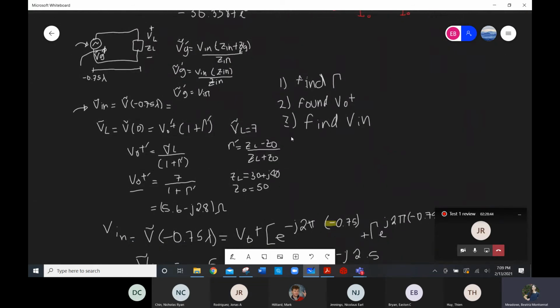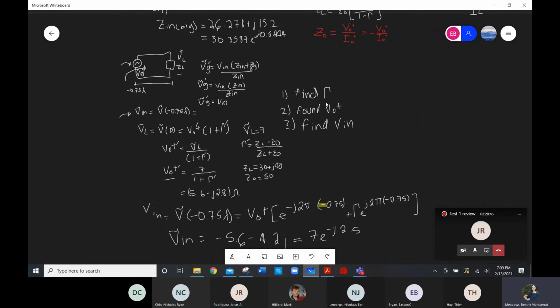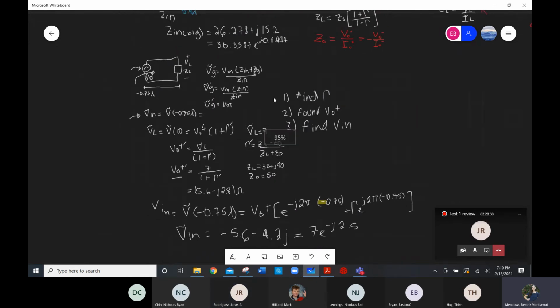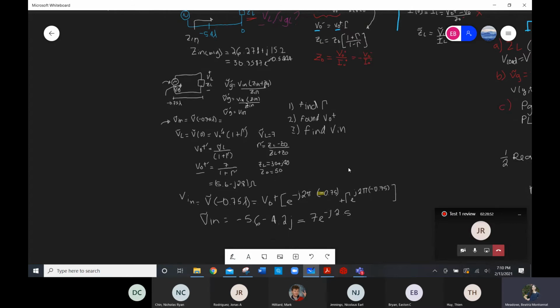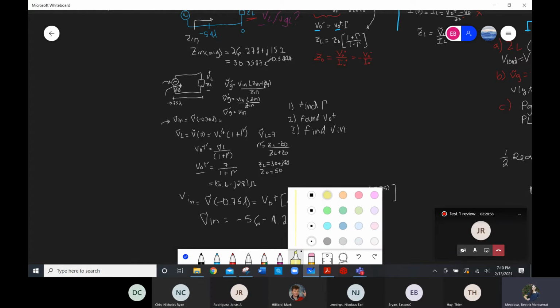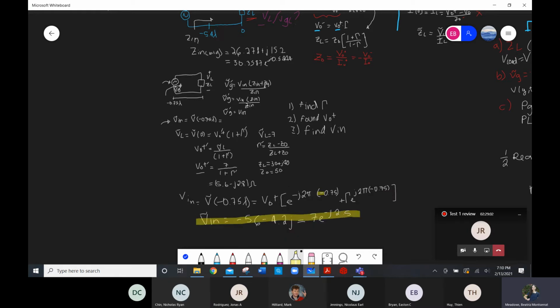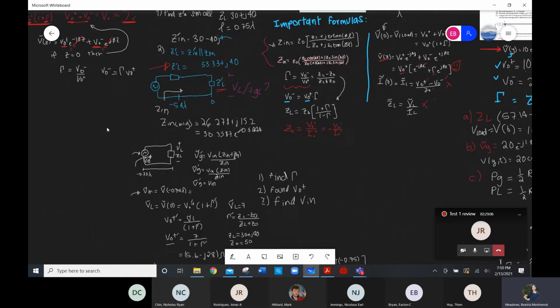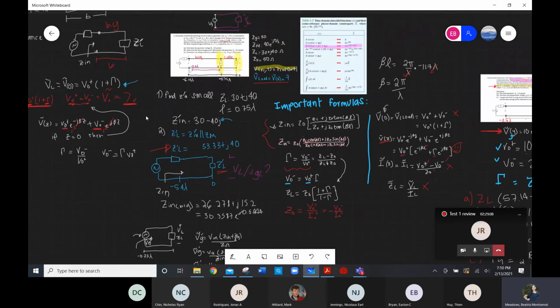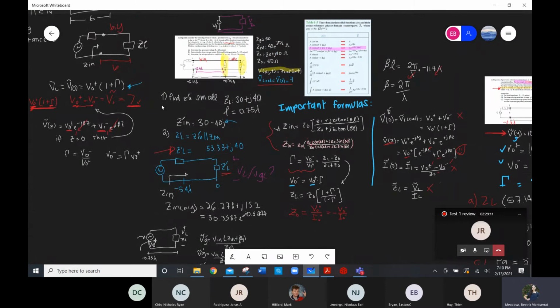But for that, we had to basically solve a full-on problem. We had to find gamma, we had to find B naught plus. I mean, we basically solved this transmission line. But now we're gonna take our reward and bring it to the real deal transmission line that we want to solve. All this was just to get a little piece of the problem.